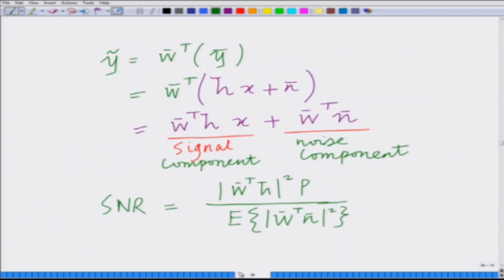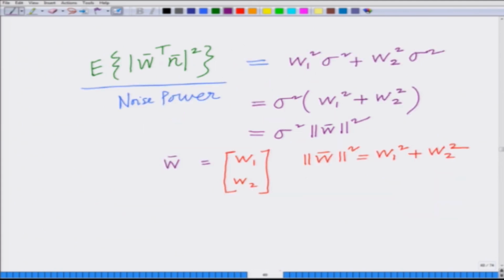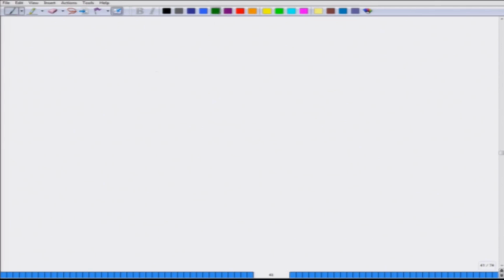So, I have the noise power equals sigma square norm W bar square, and therefore, I can substitute this in my expression for SNR. So, my SNR equals magnitude of W bar transpose H bar square P divided by sigma square norm W bar square. In fact, I am going to write this again.